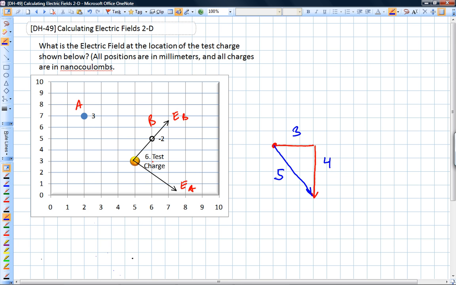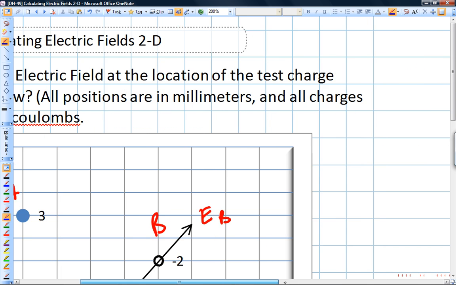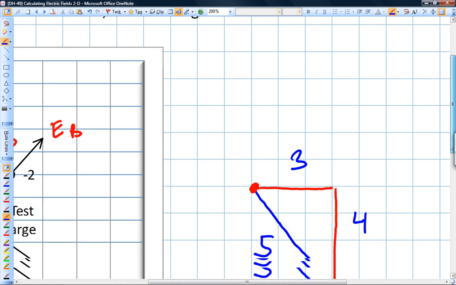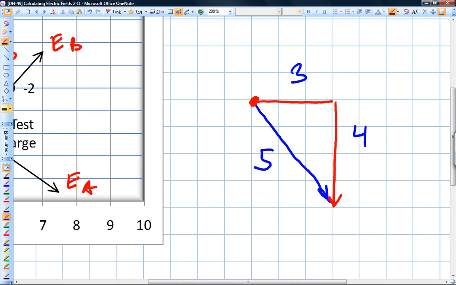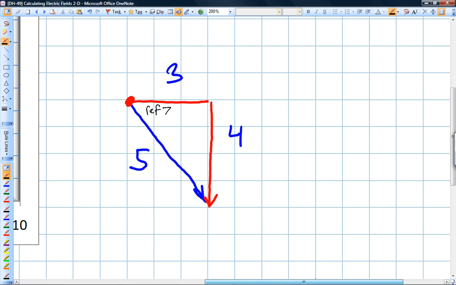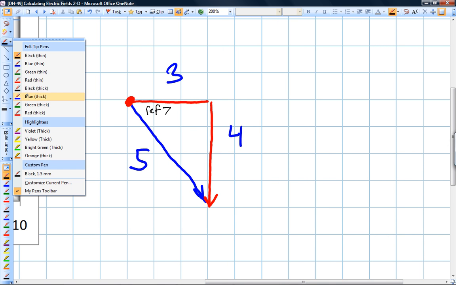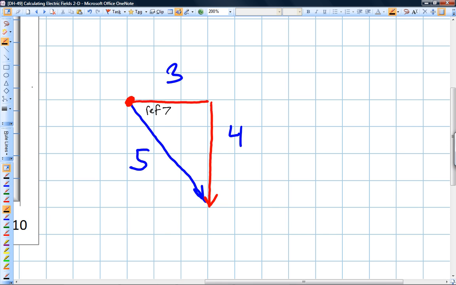So if I'm going to get this reference angle, let's call this a reference angle. That reference angle is going to be the inverse tangent of the opposite over the adjacent.